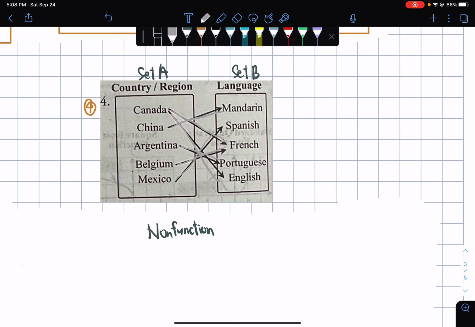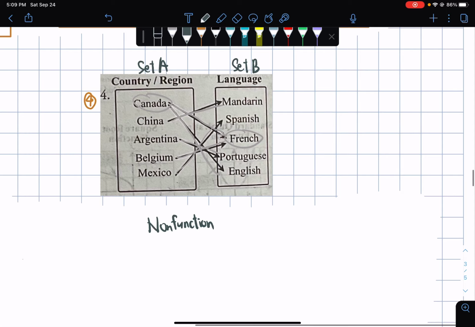So, one element in the domain has an affair with two elements in the range.